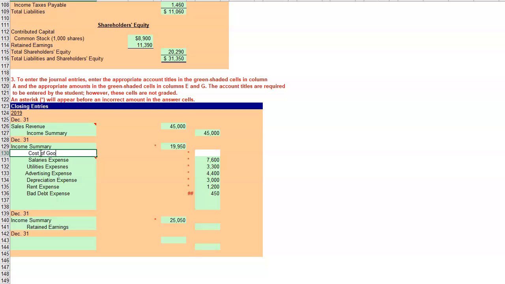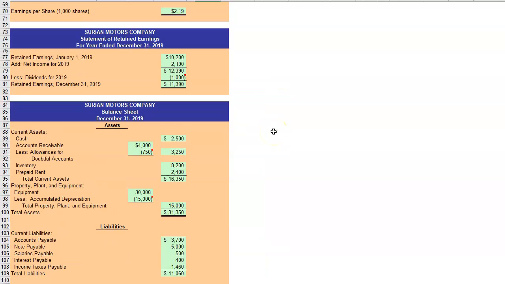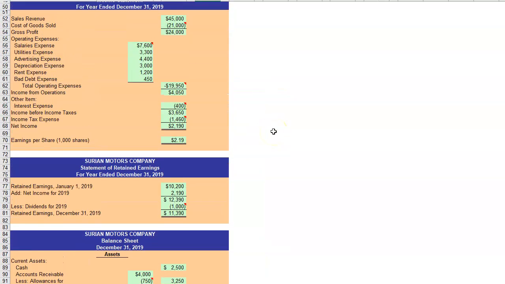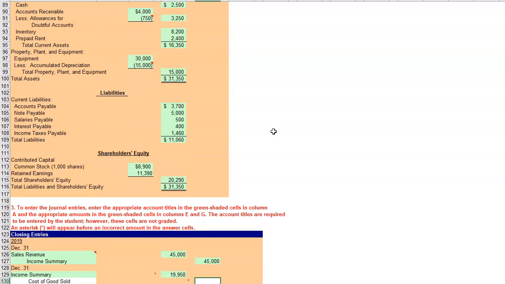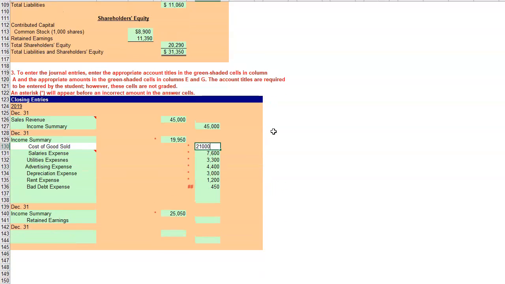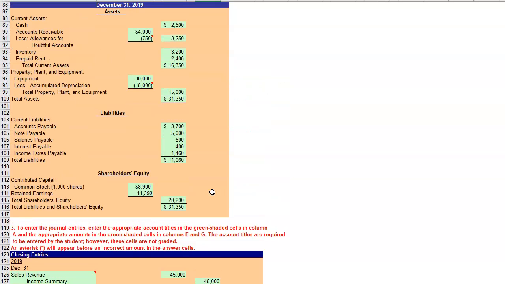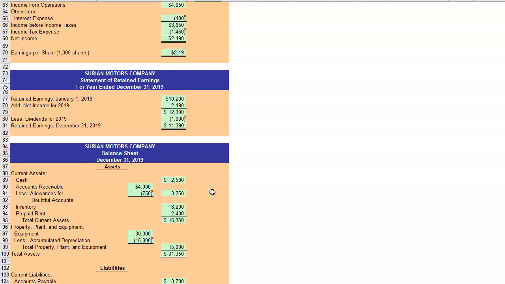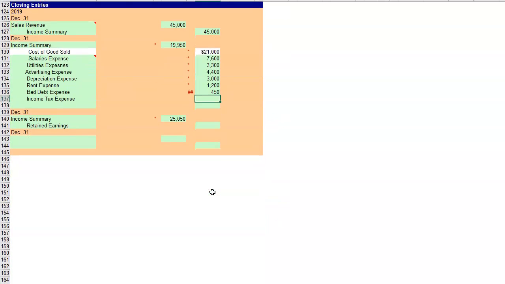So cost of goods sold was $21,000, and income tax is $1,460.